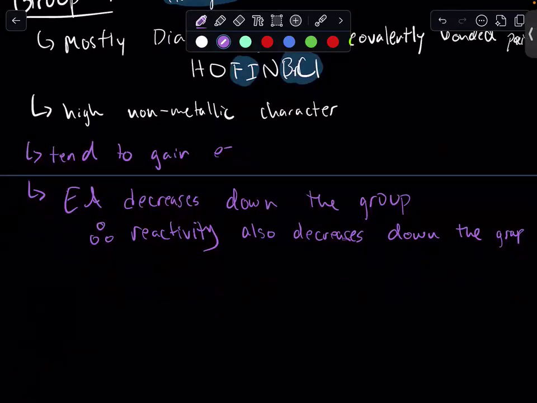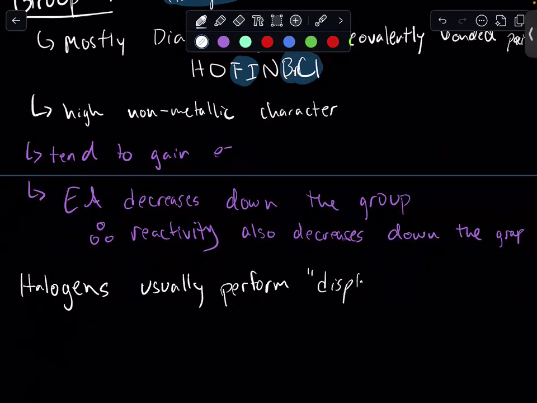Something to note about them is that halogens also have a common reaction. Specifically, halogens usually perform what the IB calls displacement reactions, but you may have another name for it. You might think about them as single replacement.